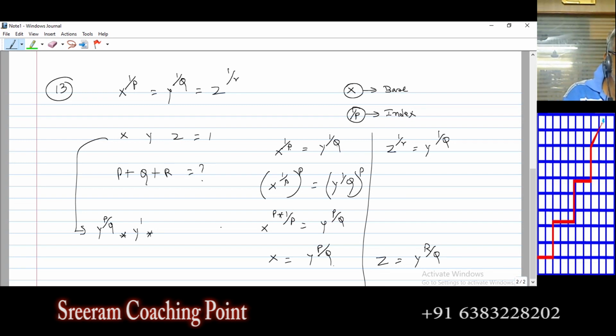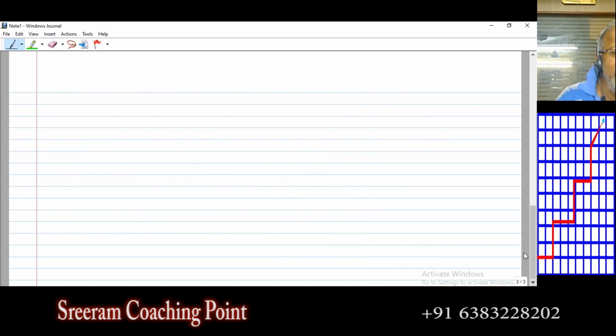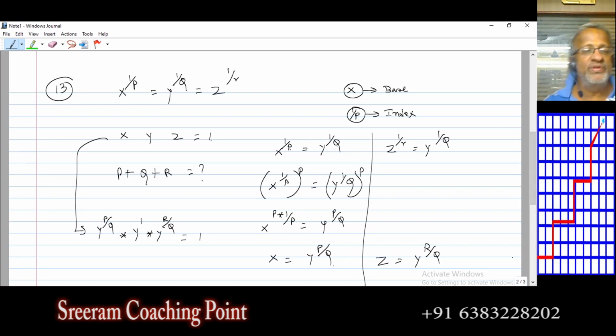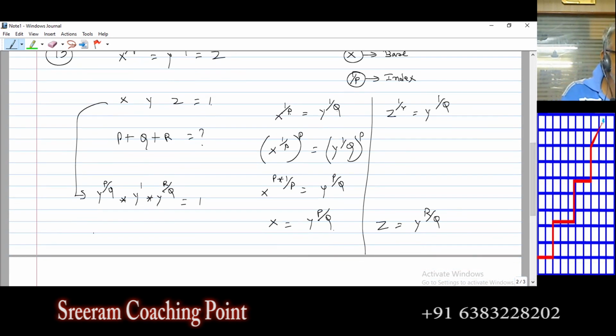In the place of z, y to the power r by q, and the product is equal to 1. Now everything is expressed in terms of y. Now you can say it is y to the power p by q plus 1 plus r divided by q, which is equal to 1.